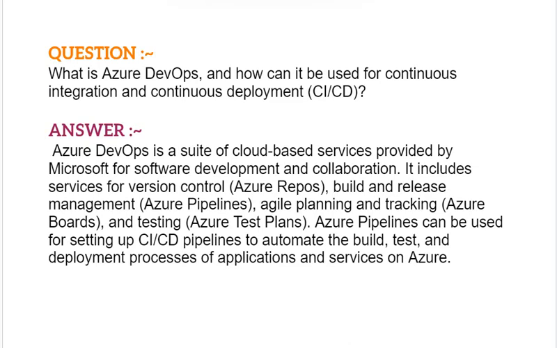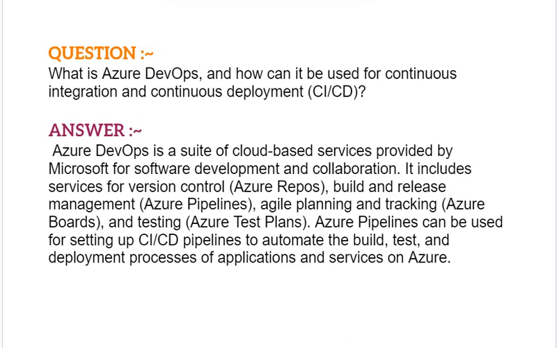Our next interview question is: what is Azure DevOps and how can it be used for continuous integration and continuous deployment, CI/CD? Your answer should be: Azure DevOps is a suite of cloud-based services provided by Microsoft for software development and collaboration.